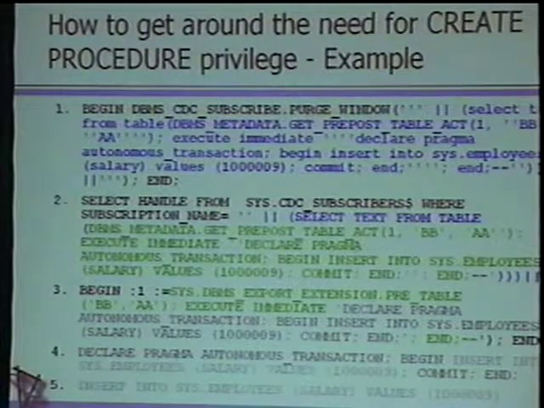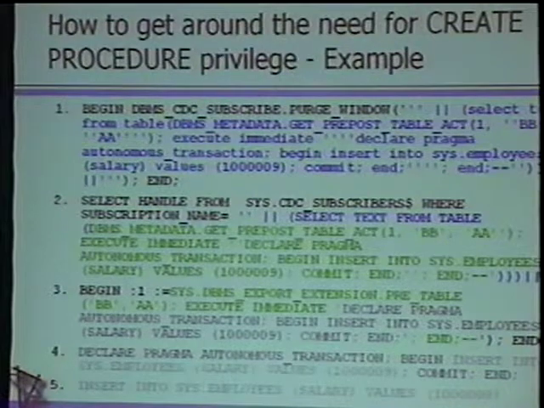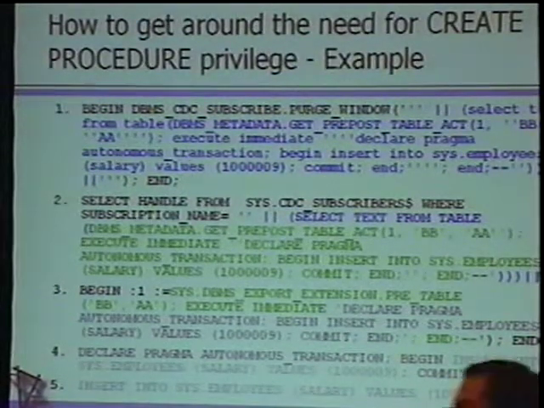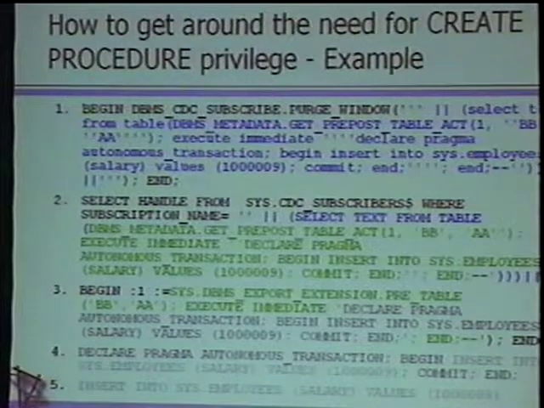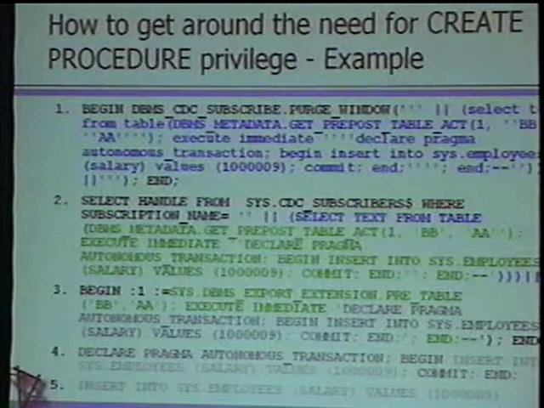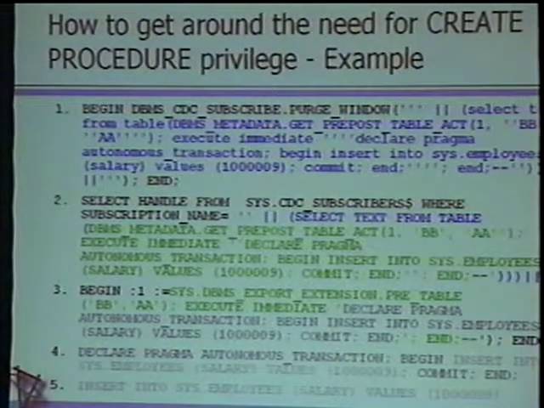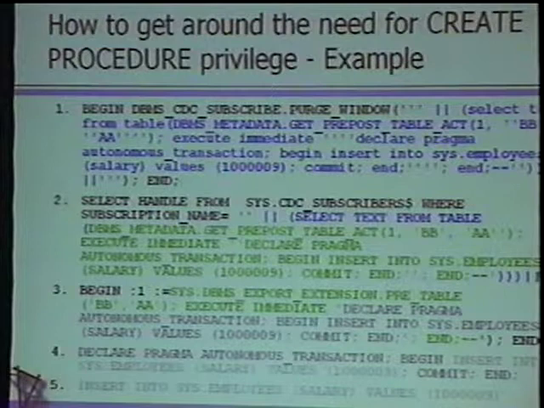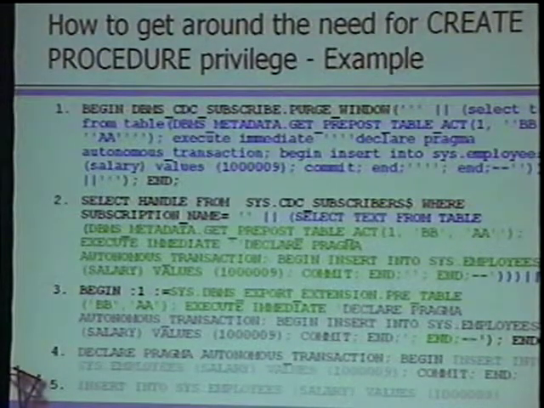In the first statement is the exploit, where we call the push window procedure with that parameter in blue that generates the execution of the second statement, that is a select in the CDC subscribers table that uses the first parameter of the push window procedure without sanitization.